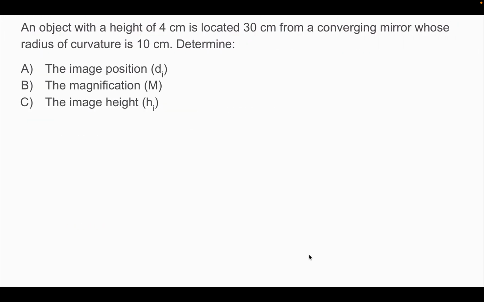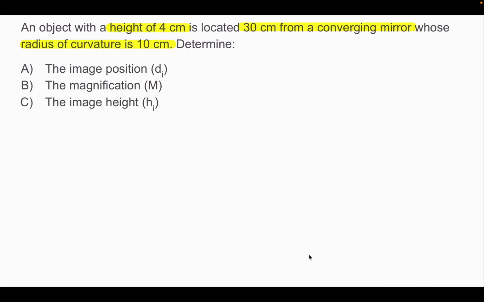So we're going to do this first one together, okay? We see that an object has a height of 4 centimeters and it's located 30 centimeters from a converging mirror, right? And we know that the radius of curvature is 10 centimeters.